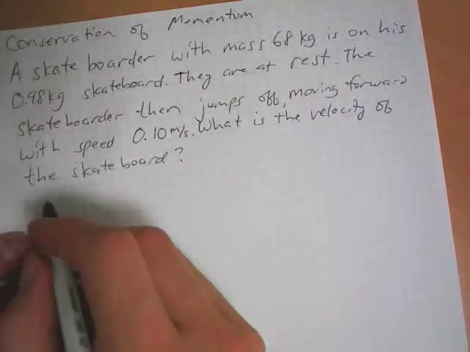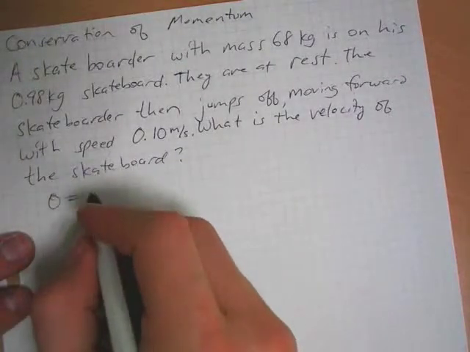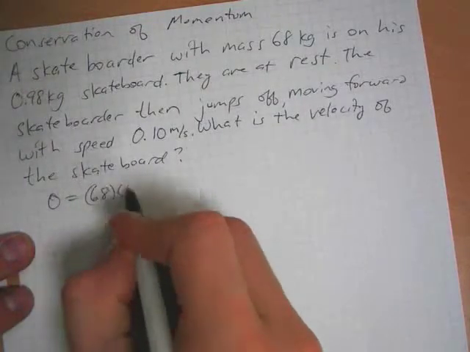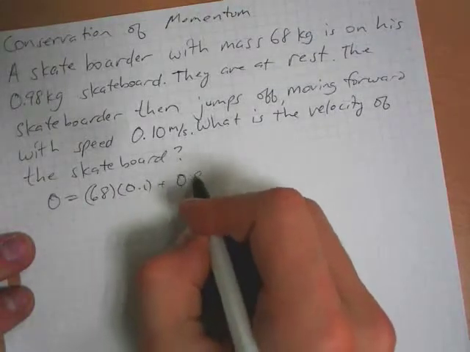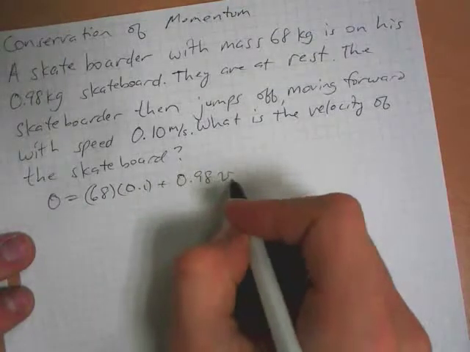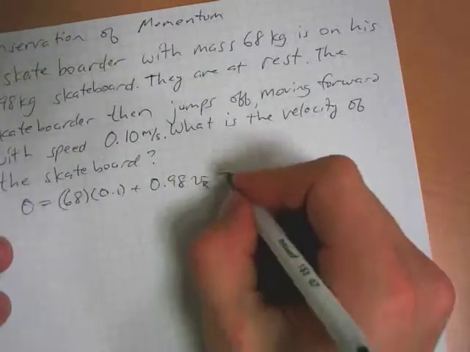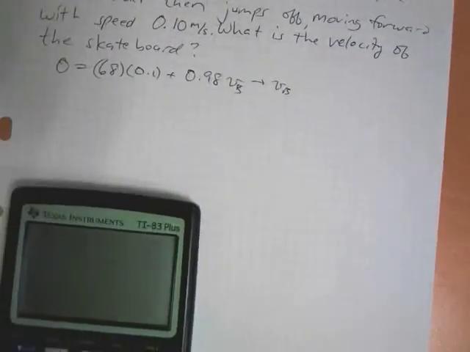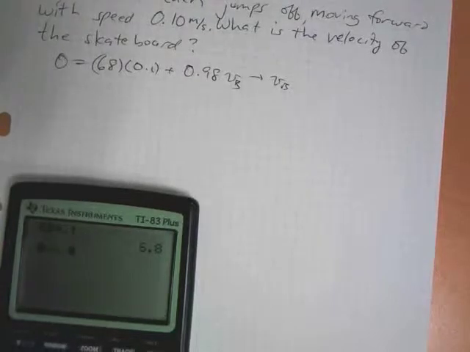So 0 is equal to the momentum of the skateboarder, which is mv, plus the momentum of the skateboard, which is mv, velocity of the board. And some quick algebra gives us that the velocity of our skateboard is 68 times 0.1 divided by minus 0.98.